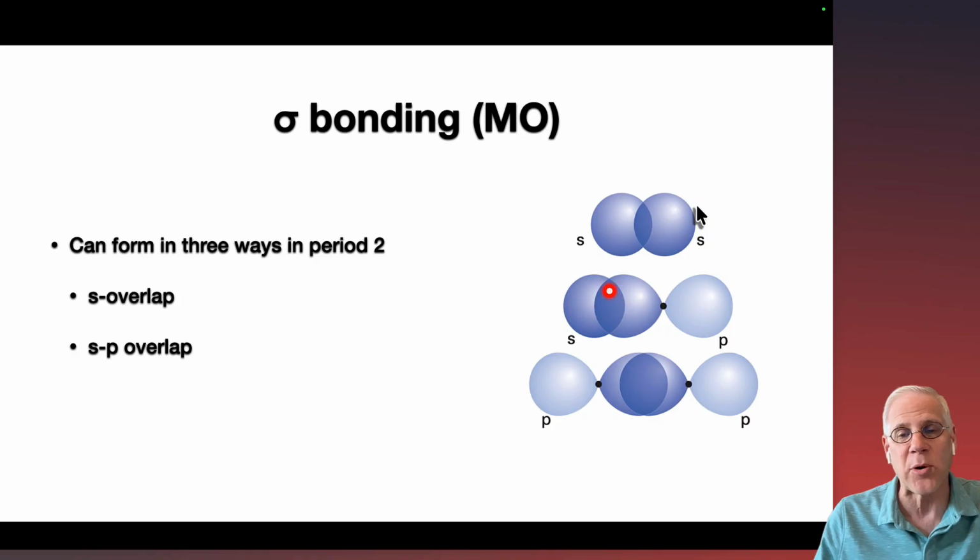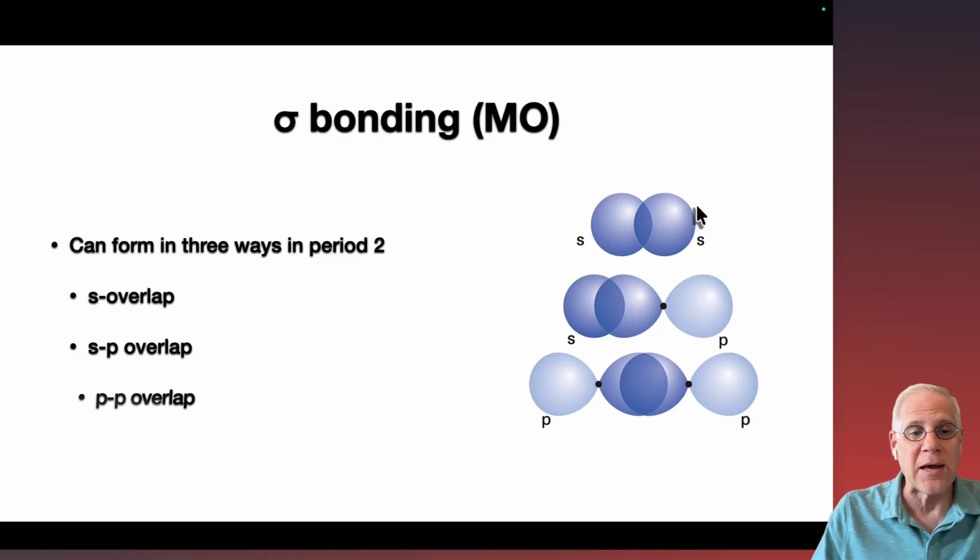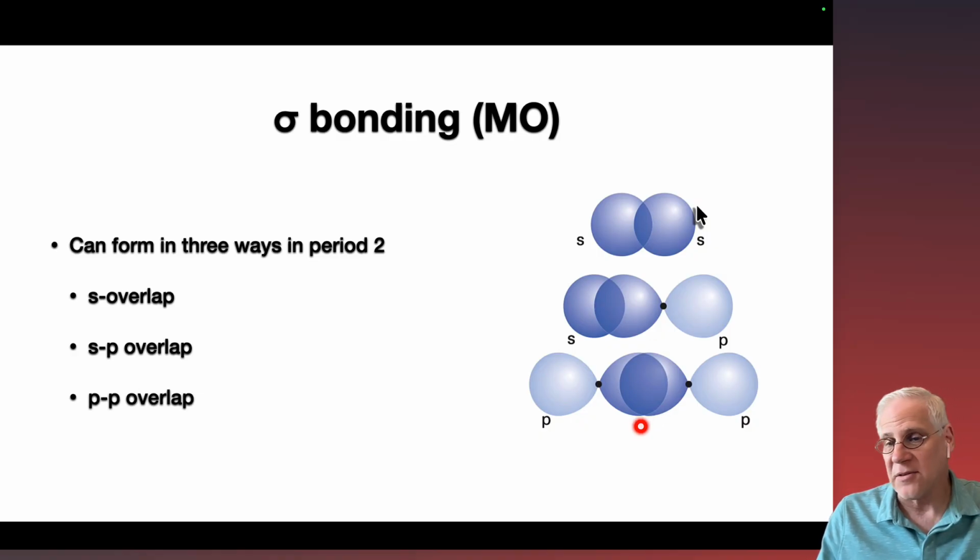So directionally it's pointing at that s, and so that forms a sigma bond. Or if you have two atoms where you have the p orbitals pointing at each other, you get a p-p overlap. It's still overlapping in only one spot, and so that is still a sigma bond interaction.